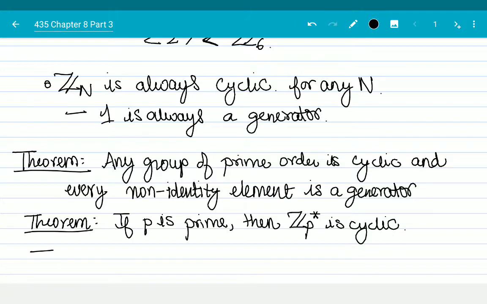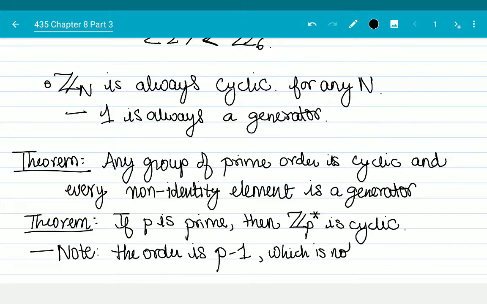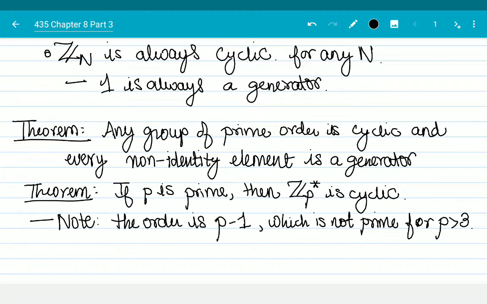Now note, the cardinality of Zp star, the order, is p minus 1, which is not prime for p greater than 3. So it does not immediately follow from the previous theorem. These are two separate theorems, okay?